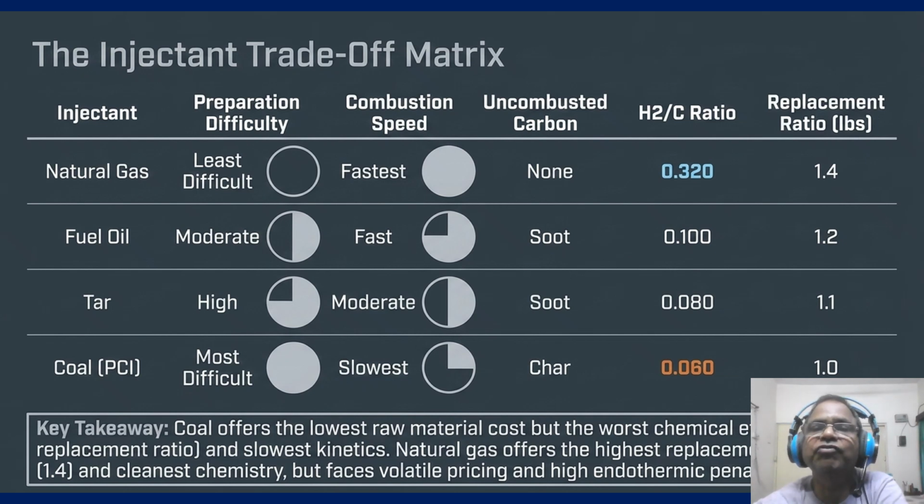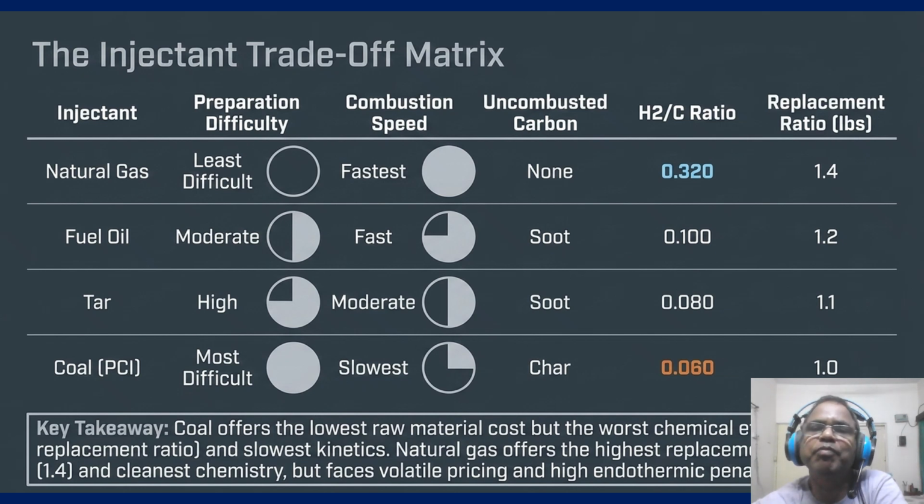The so what factor is the chemical versus cost trade-off. Coal is the cheapest material but has the slowest kinetics and leaves behind char, or uncombusted carbon. Natural gas offers the cleanest chemistry and fastest combustion but carries a high endothermic penalty.